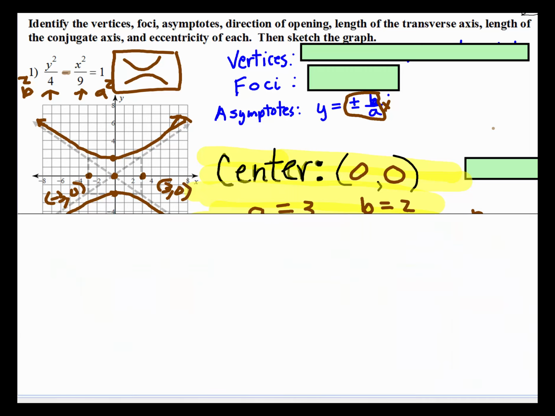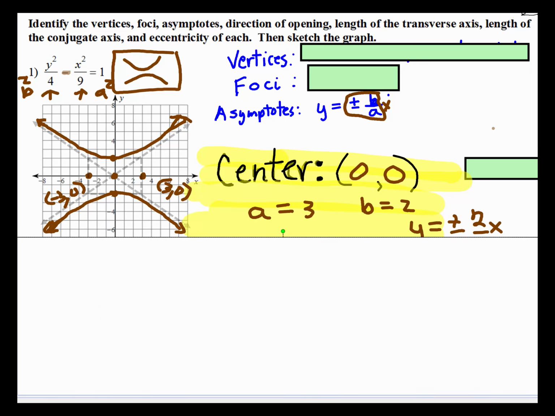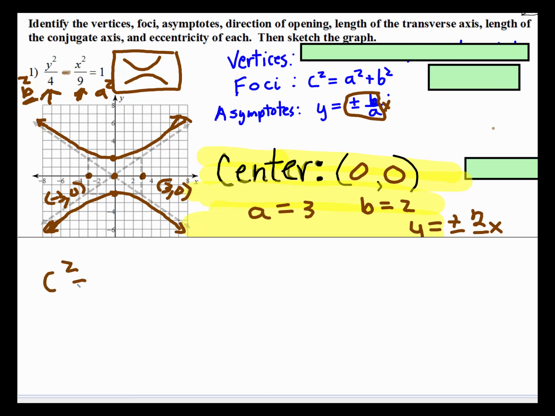And now what you're going to do is find the focus. Where does the focus fit in all of this? Well, the focus, and there are two of them, so the foci, is c squared equals a squared plus b squared. Here we have our a squared and our b squared. So c squared is equal to 4 plus 9, so c squared is equal to 13.